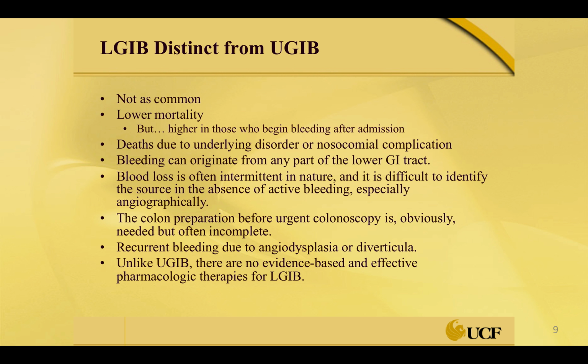Bleeding can originate from any part of the lower GI tract, and the blood loss is often intermittent in nature and it's difficult to identify the source in the absence of active bleeding, especially angiographically, because we have to capture the moment where that vessel is bleeding. The colon preparation before urgent colonoscopy is obviously needed, but is often incomplete. Recurrent bleeding due to angiodysplasia or diverticula is common, and unlike upper GI bleed, there are no evidence-based and effective pharmacologic therapy for lower GI bleeds.